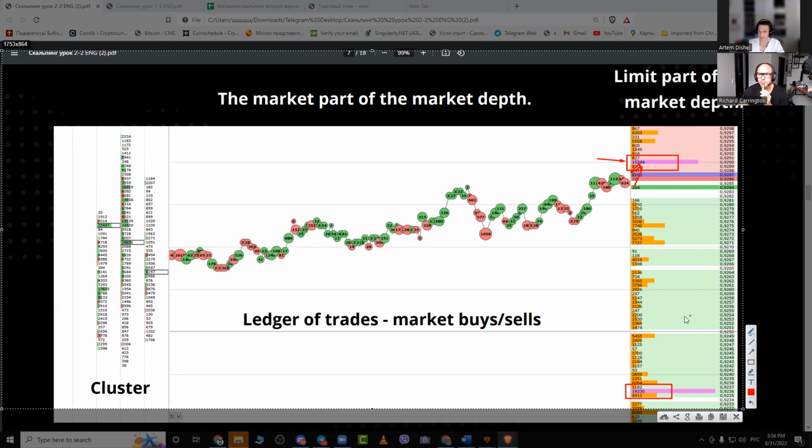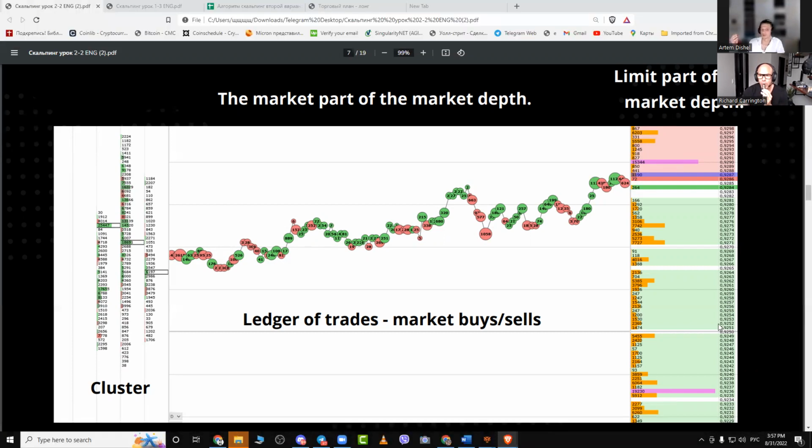For example, if you see a big order at the top on a futures contract, usually this futures contract is stop loss of some people. And when you see a futures contract at the top, I usually see a beautiful impulse, 1%, sometimes 2, 3%.